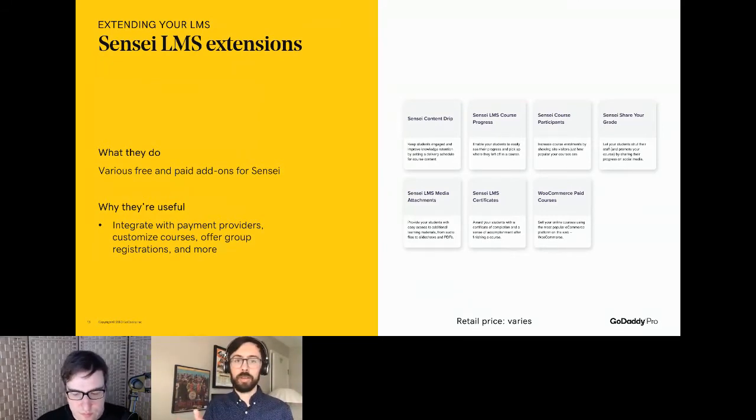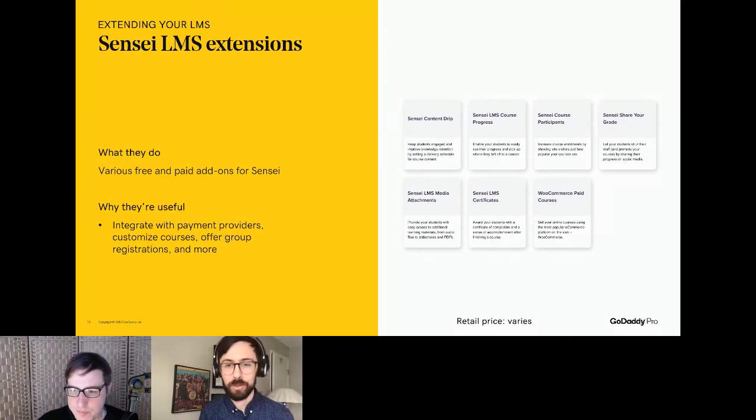But something here like, Sensei has its own content dripping add-on, or course progress, just so you can put a little visual tag on your site so folks can track how far they're getting through it. Obviously, they can still progress through the courses without that add-on, but being able to see that and track it, it adds that extra little bit of stimulus. Again, this is all about pushing completion rates and retention.